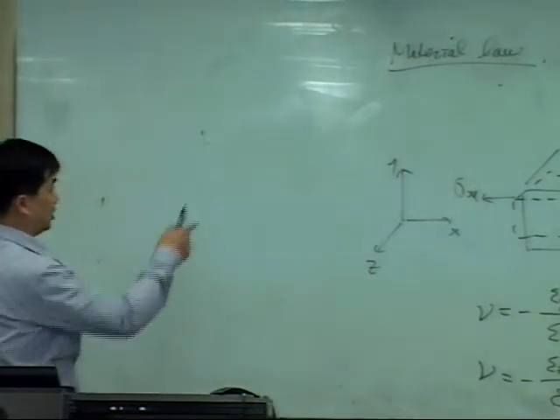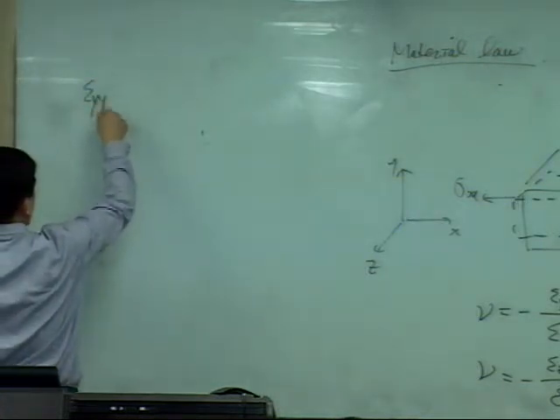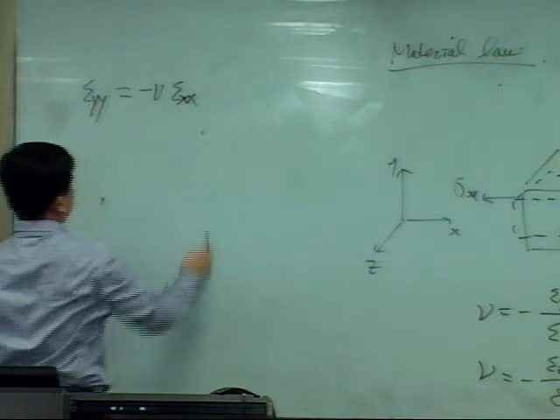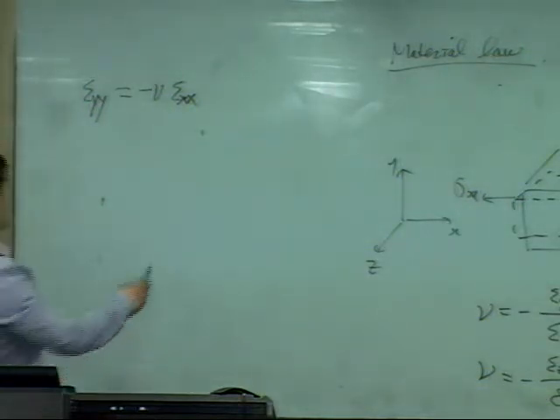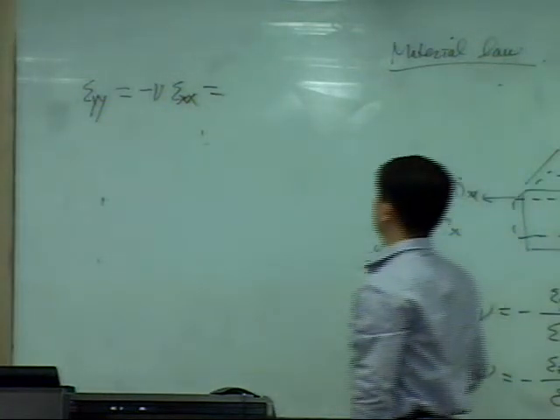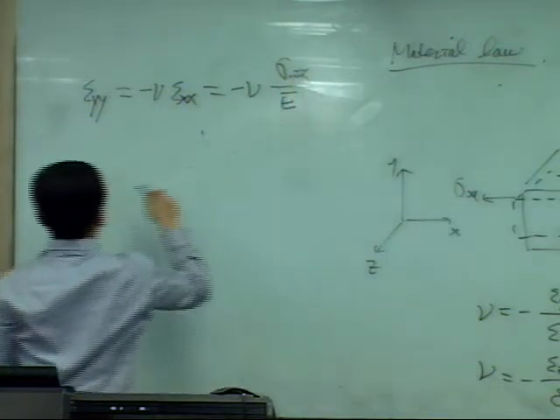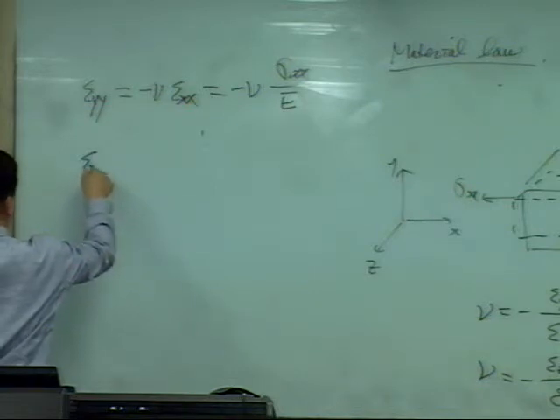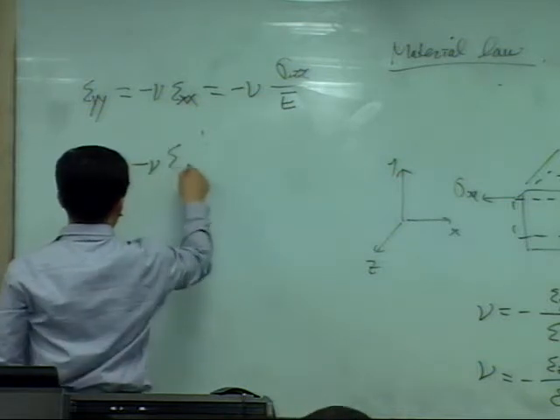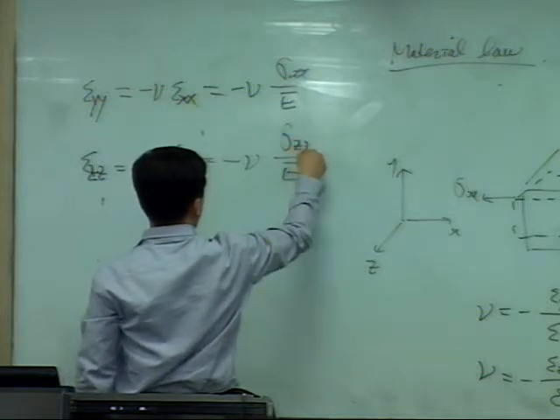Then in the 1D bar tension problem, we have a strain in the Y direction of minus mu times strain XX, right? We already know the strain XX from this equation. So strain YY is minus mu over E times stress XX. Similarly, we can calculate the strain in the Z direction: minus mu times strain XX, which is minus mu over E times stress XX.